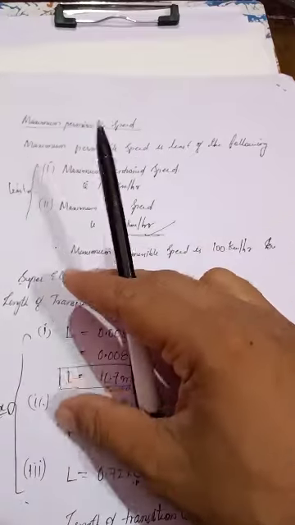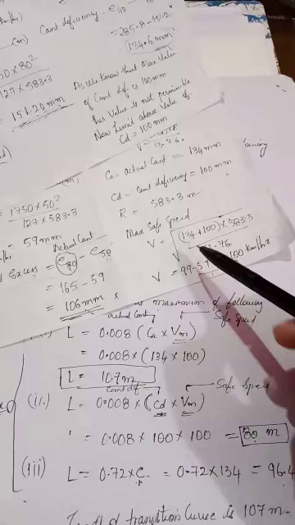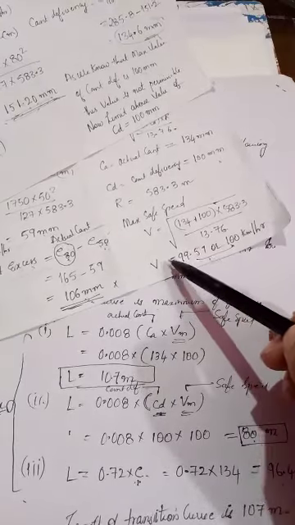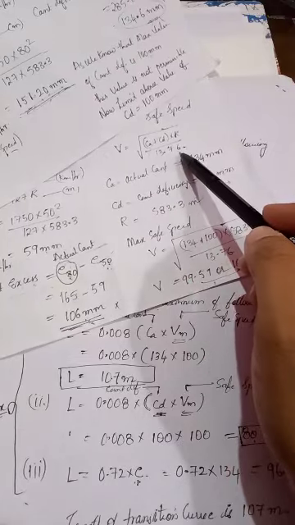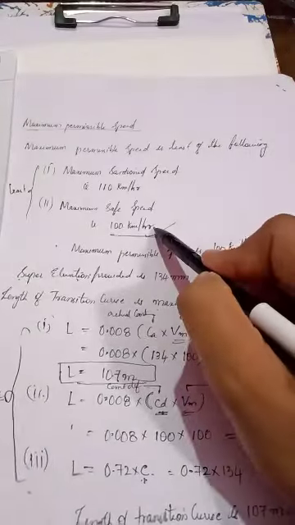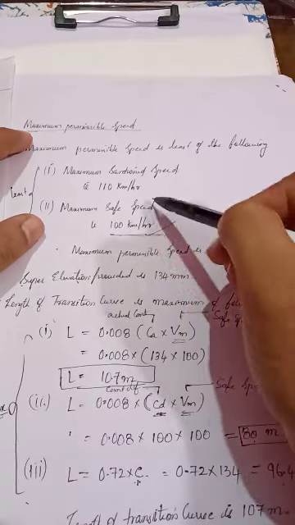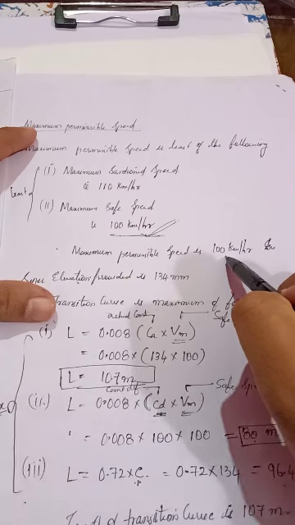Maximum safe speed: in the last step we have calculated maximum safe speed by the formula V is equal to under root of (CA plus CD), which was 100 km per hour. So the least value is this value we have adopted. Maximum permissible speed is 100 km per hour.